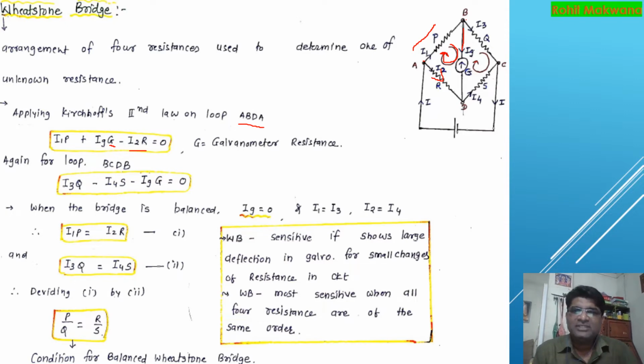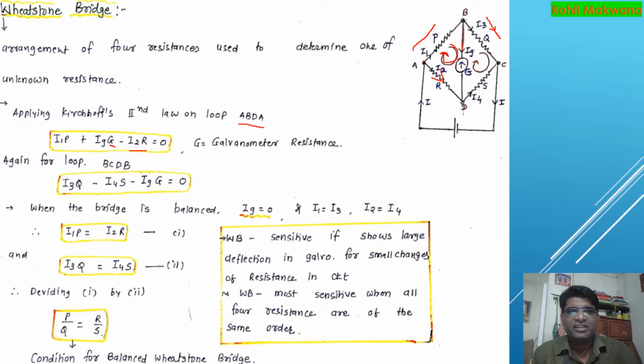Okay, now similarly we will apply the rule in BCDB. So we will apply the same Kirchhoff's rule here in this loop. Again we are going clockwise. Okay, so let's go from B to C. So in this arm, what is the product of current and resistance?